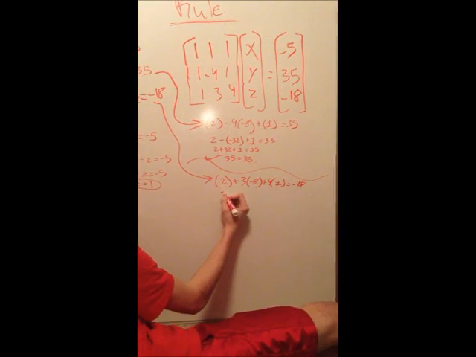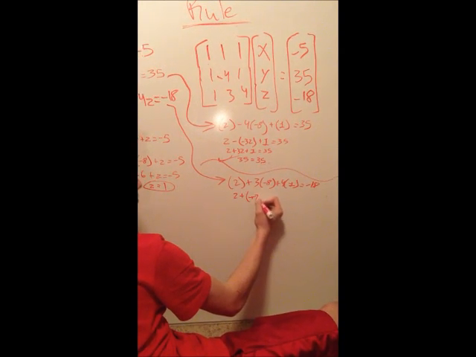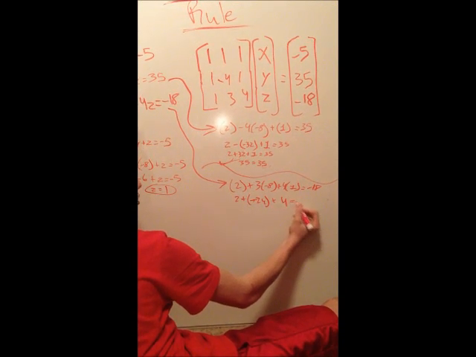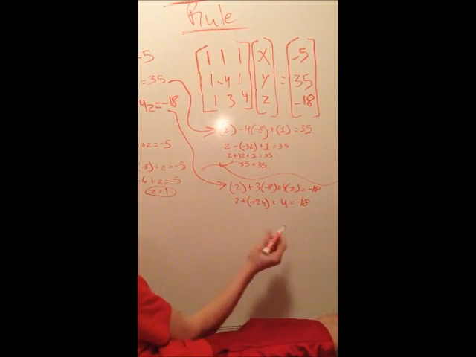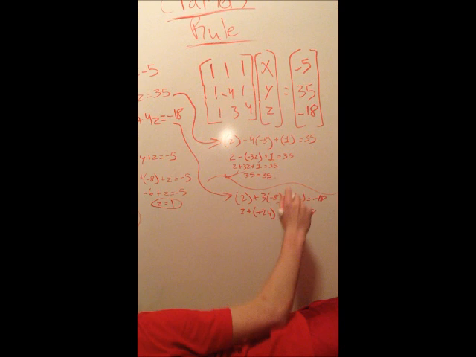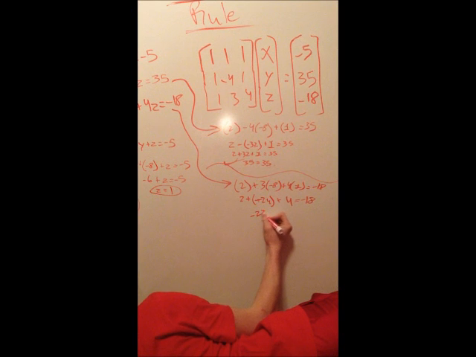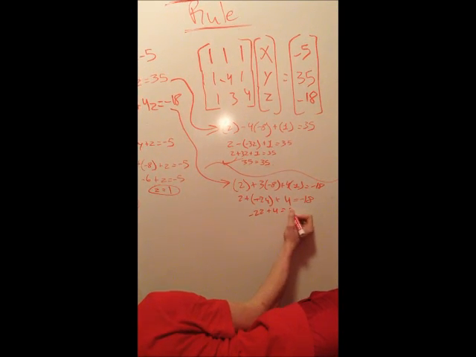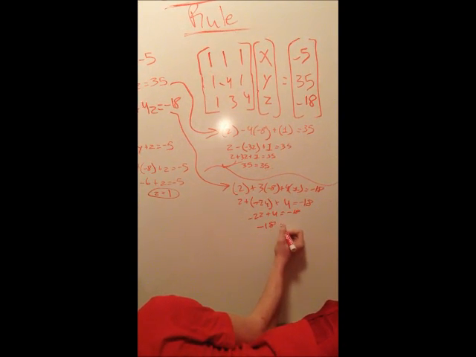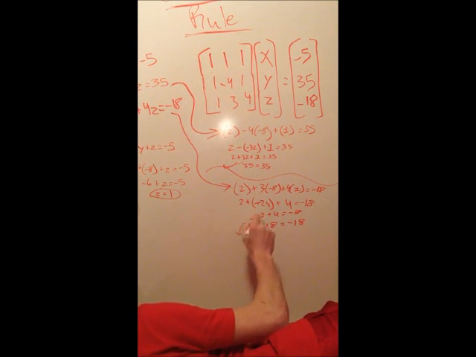So, you get 2 plus 3 times negative 8 equals negative 24, plus 4 times 1 equals 4, equals negative 18. And so 2 plus negative 24 equals negative 22, plus 4 equals negative 18. And so you get negative 18 equals negative 18, and that checks out.